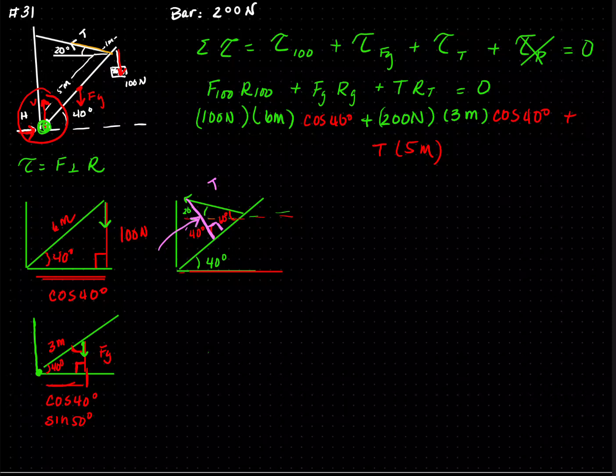If you notice, it is opposite the 60 degrees. So that's going to be sine 60 or cosine 30. So I'm going to use sine 60. Solve for T.